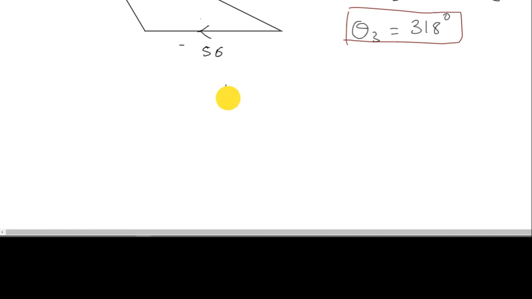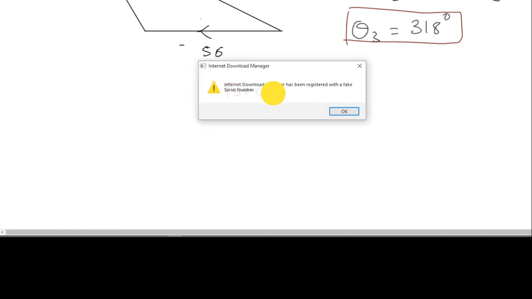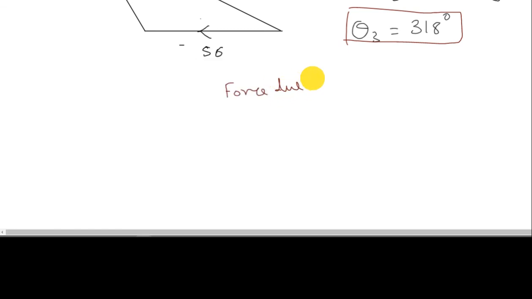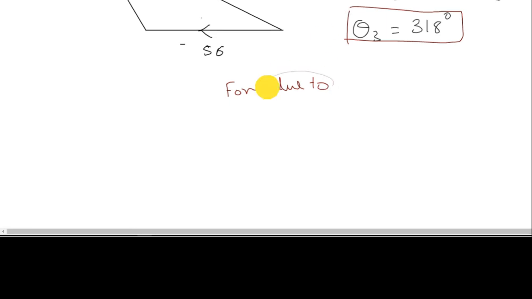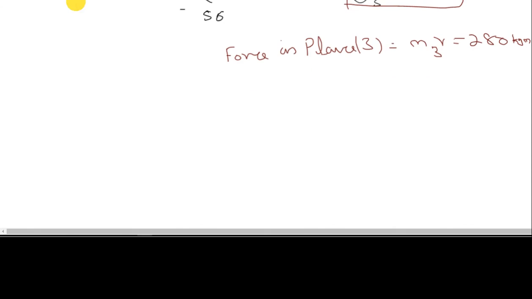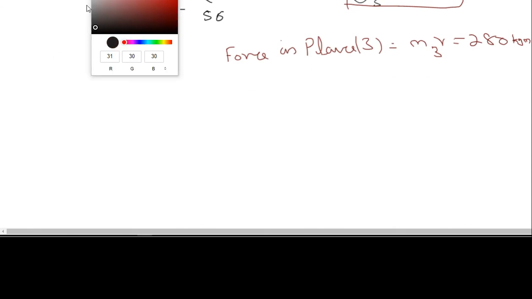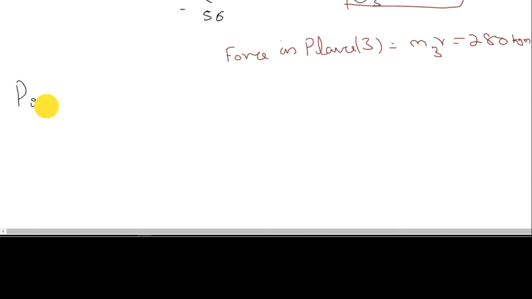So the force acting on plane 3, you can write it as force in plane 3, that is M3 into R, that will be equal to 280 kilogram meter. So you can use it for drawing the primary force polygon.